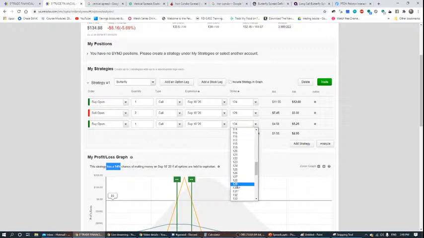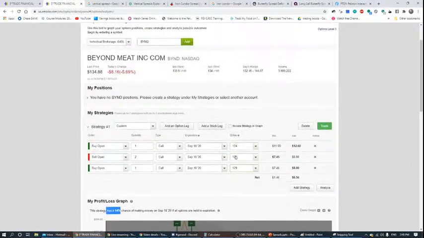So we're going to be playing around with these, and then we're going to keep moving them around. So 134, we're going to try 130. And then we're gonna probably do this, so let's just do 122.